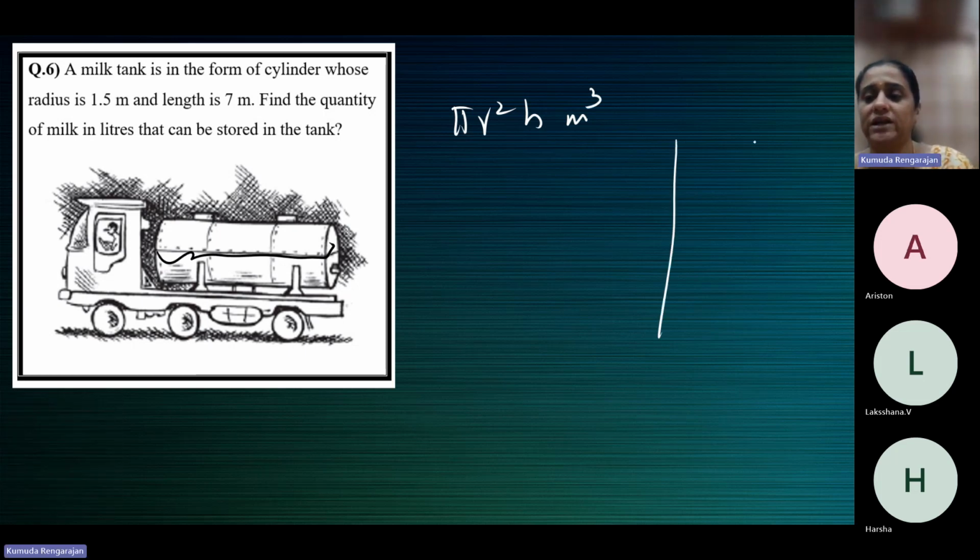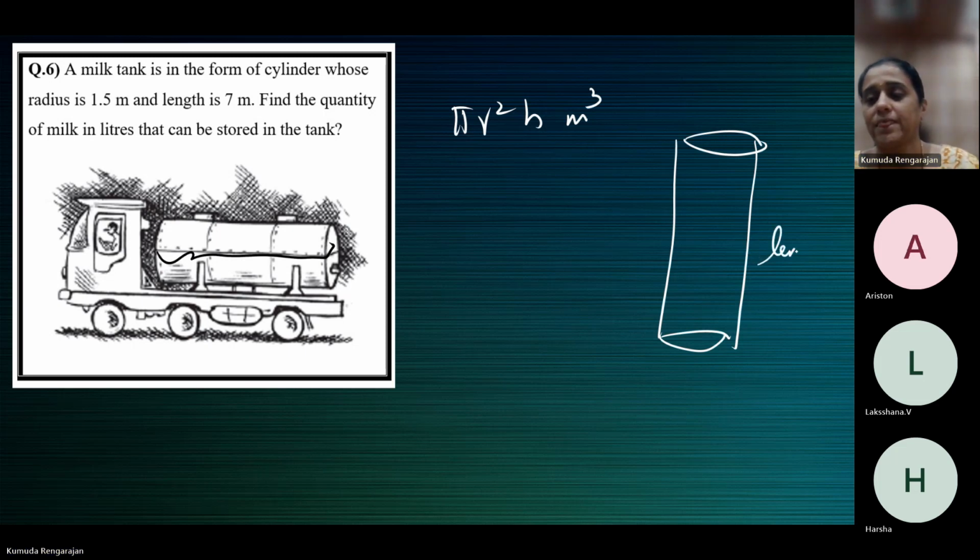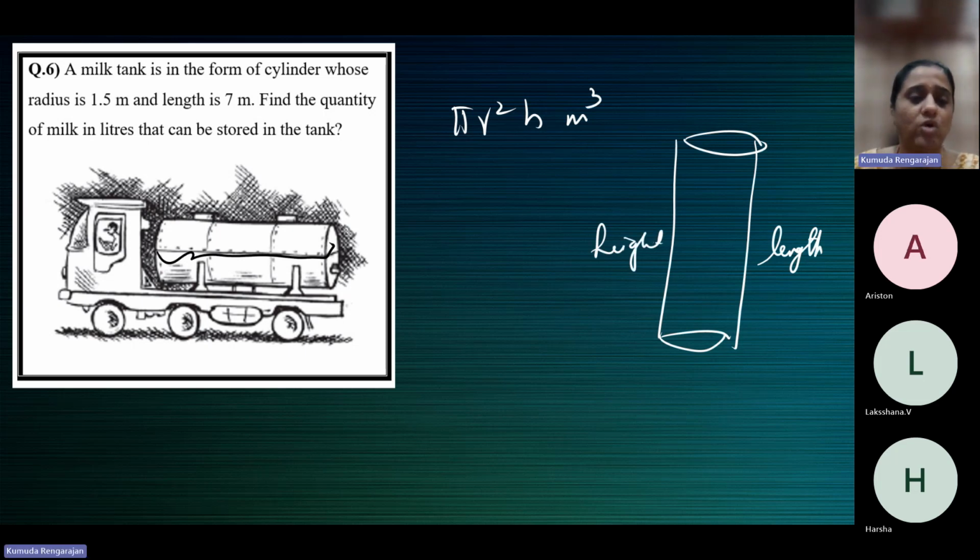If the cylinder is vertical like this, then we'll not say length. We'll say height of the cylinder. When the cylinder is horizontal like this, we call it length. When the cylinder is vertical, like you see in the figure here, then we call it height.